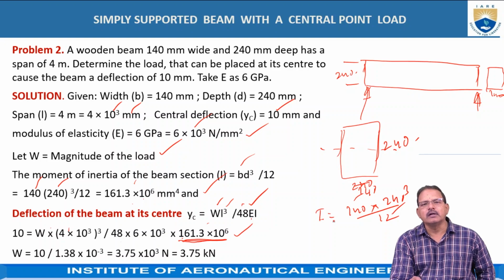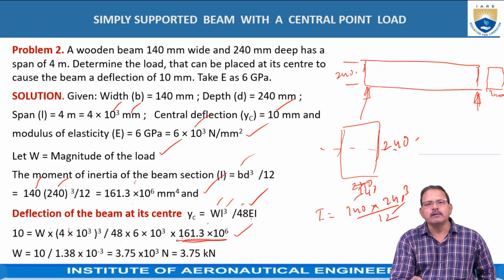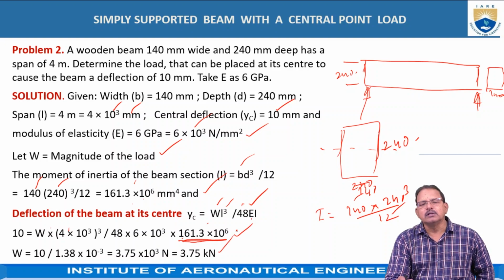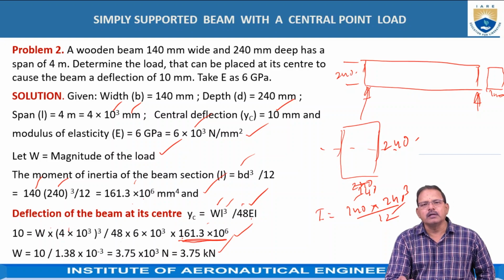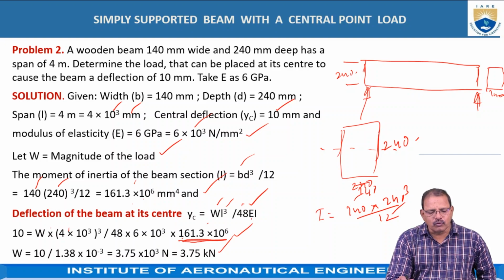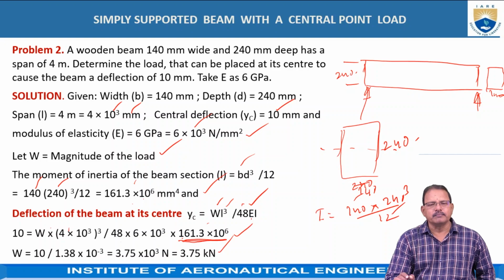From this relationship we got W equal to 10 divided by 1.38 × 10⁻³, which is equal to 3.75 × 10³ newtons, or 3.75 kilonewtons, which can be kept at the center of the wooden beam so that the deflection is equal to 10 mm.